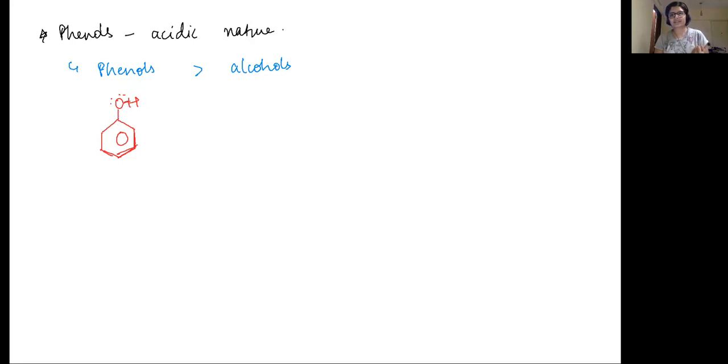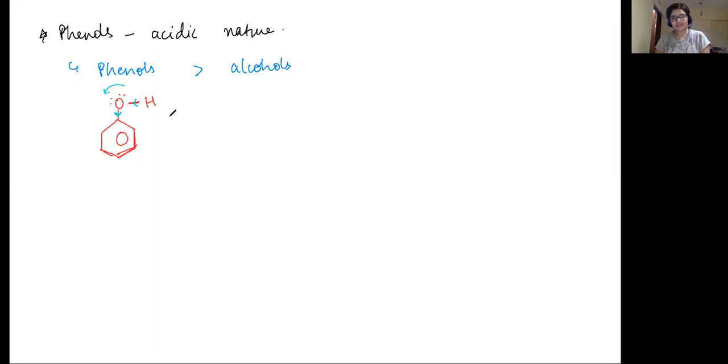So let me just show this bond also, it'll be much clearer. So this is O, this is H. Already the electrons want to move in this direction, and the benzene ring is further pulling the electrons in this direction, which means that the electron density has a tendency to shift away from hydrogen.